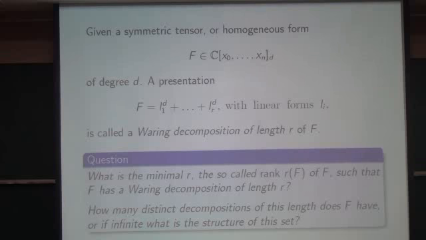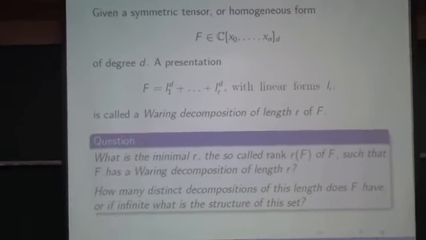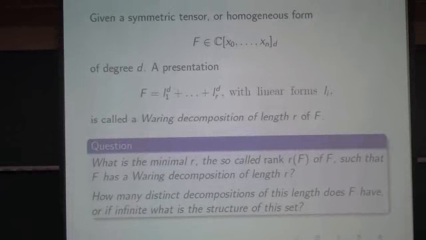So classically, and by classic I mean in the 19th century, this was attacked as a problem of finding some canonical form for the homogeneous polynomial. If there was a unique way of writing this as a sum of powers, they were thinking of this as a canonical form.